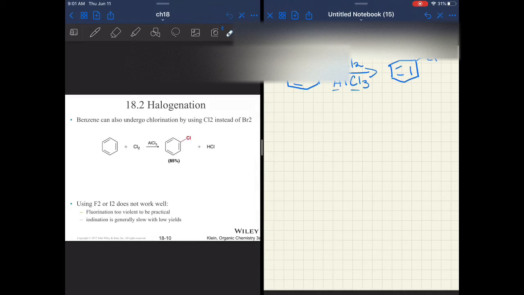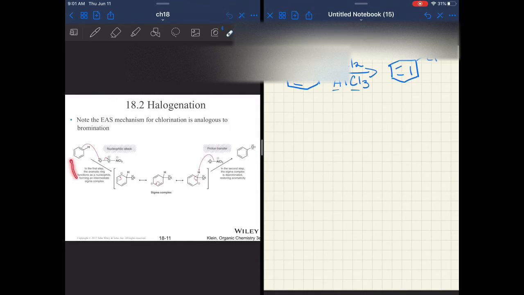This is a great reaction for halogenating a ring, specifically bromine and chlorine. Fluorine doesn't work, it's too violent. Iodine doesn't work, it's too slow. So you're going to see this with bromine and chlorine.